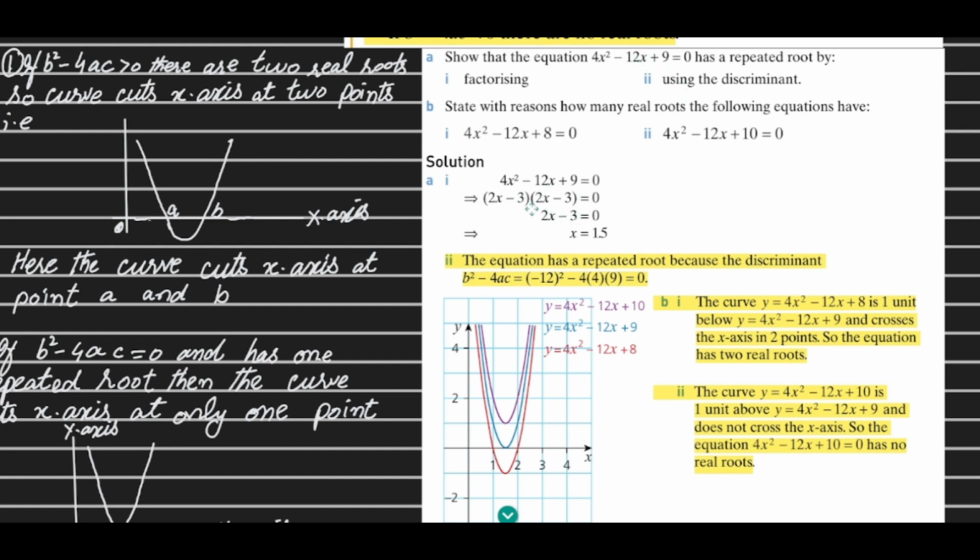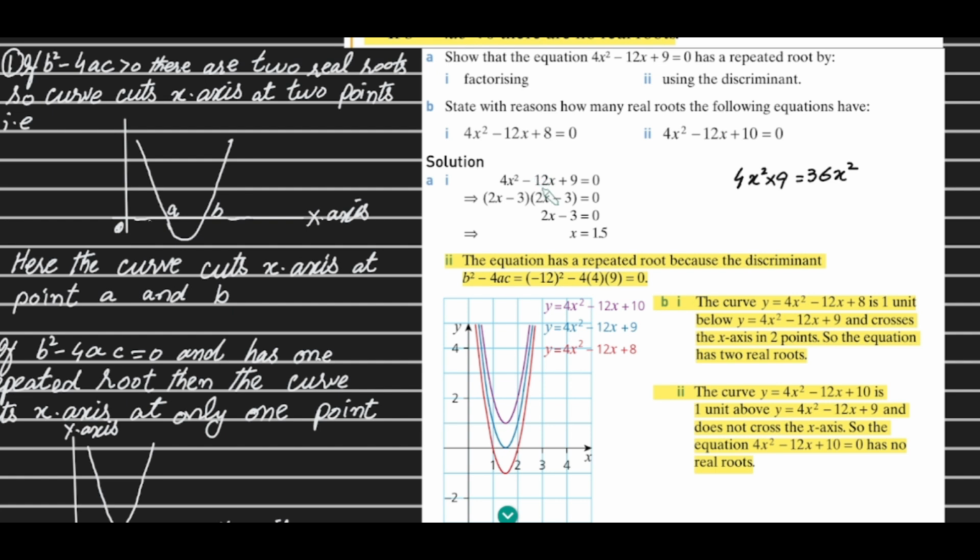We factorize it. For the extremes product, we have 4x square multiplied by 9. The extremes product is 36x square. Then in the middle term we have minus 12x.